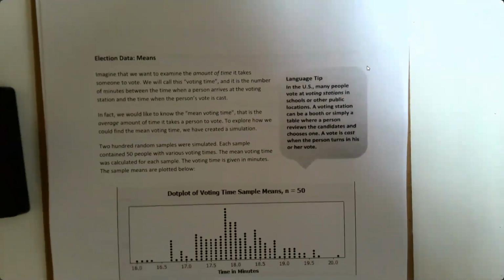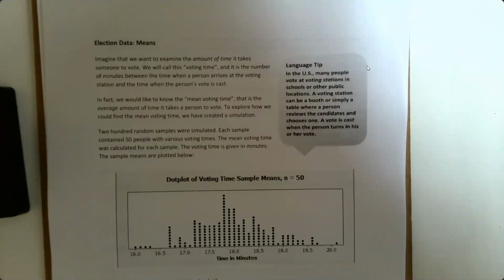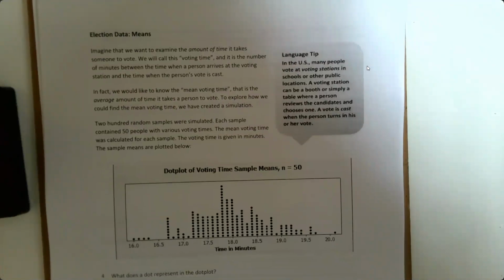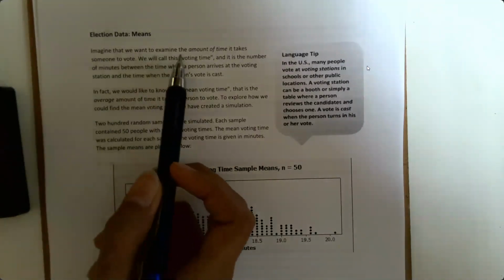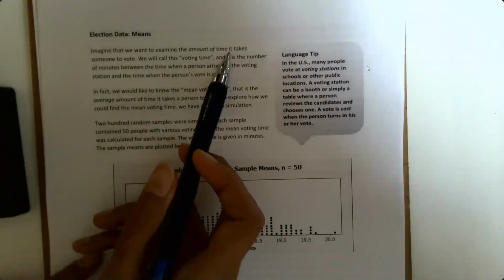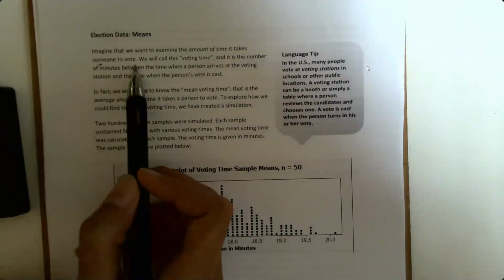Okay, let's move on to the next page. And here we have election data. Now let us talk about the mean. Imagine that we want to examine the amount of time it takes someone to vote.